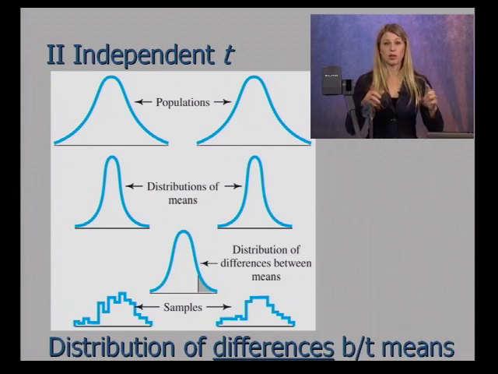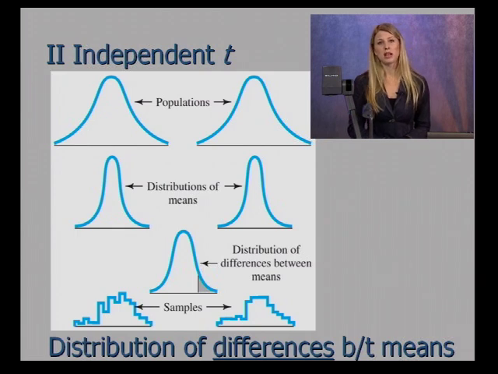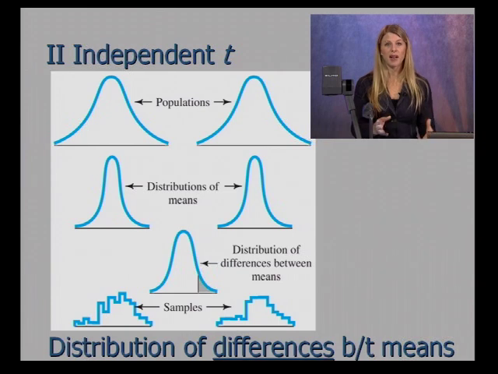So here's what your sample might look like, even if it's taken from a normal population. And based on that sample, you're going to hypothesize what the distribution of each population is, combined in the distribution of all possible means, the standard error, and then the pooled standard error, the combined standard error, the standard error of those differences of the means sampled over and over and over from each population.